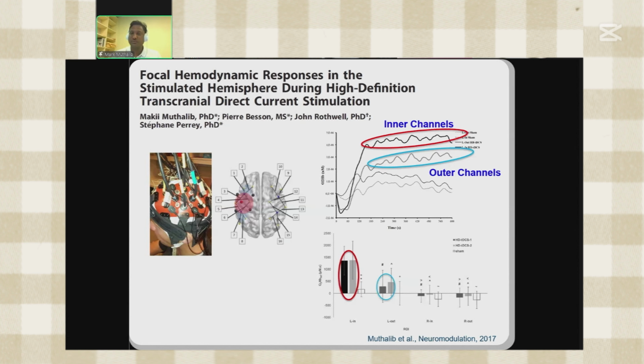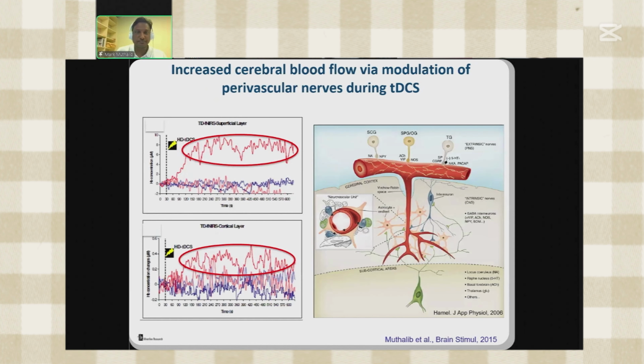So we would say that this represents a higher current intensity. So we're working on developing a NIRS method to determine the level of intensity of the current actually going in, rather than what the device is saying is going in. So this would be a better indicator for personalizing stimulation, which is not currently provided in any tDCS system in the world.